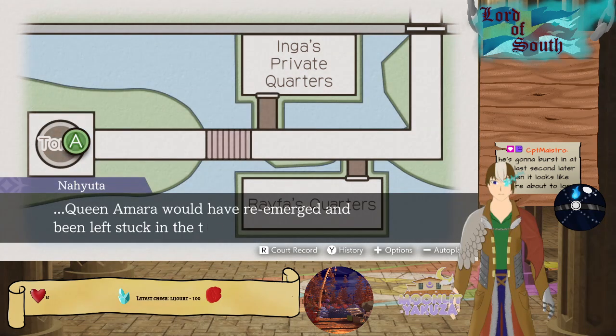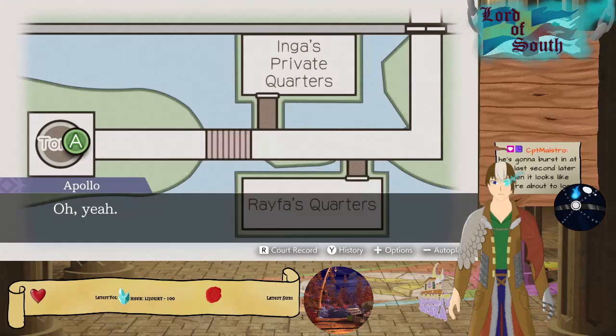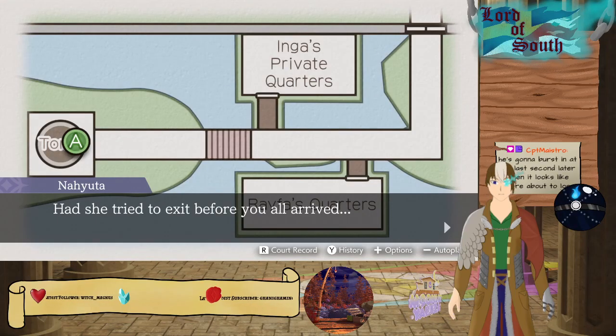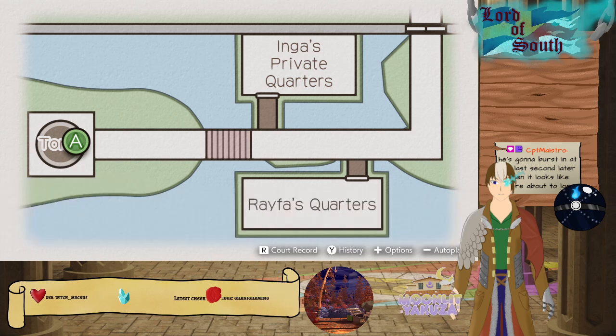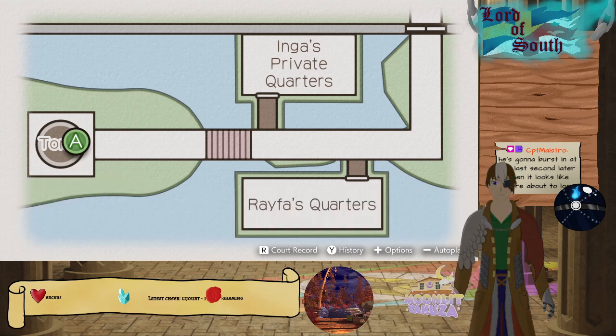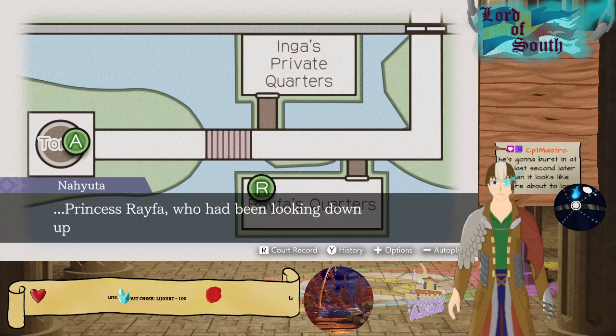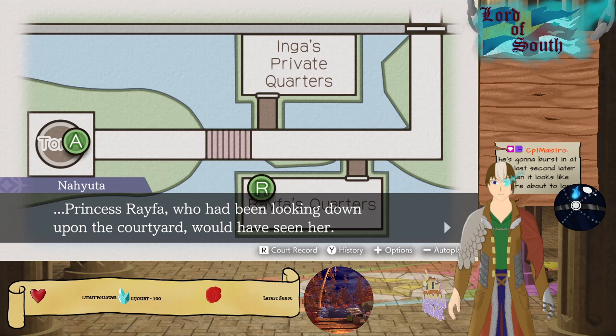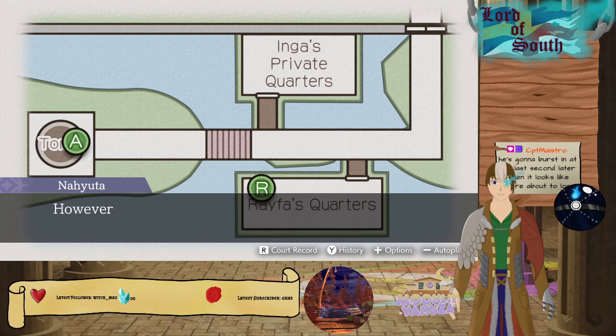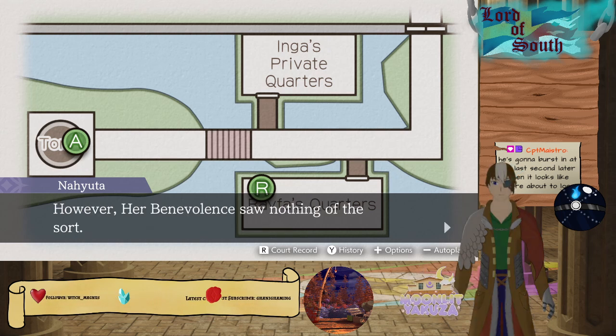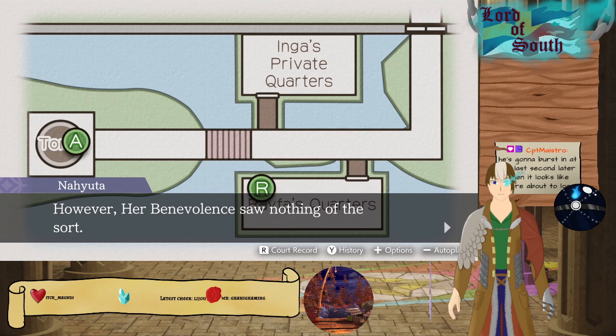Queen Amara would have re-emerged and left. Oh, yeah. And she tried to exit before you all arrived. Princess Rife, who had been looking down upon the courtyard, would have seen her. However, her benevolence saw nothing of the sort.